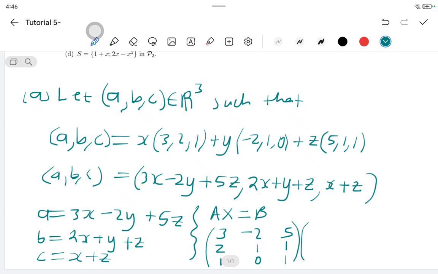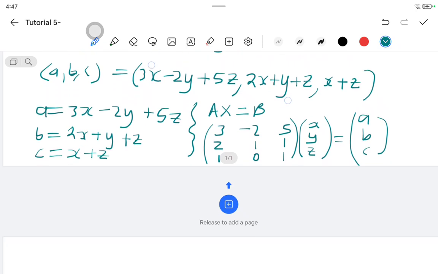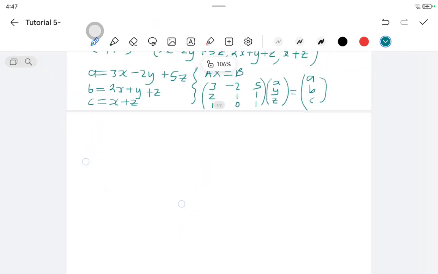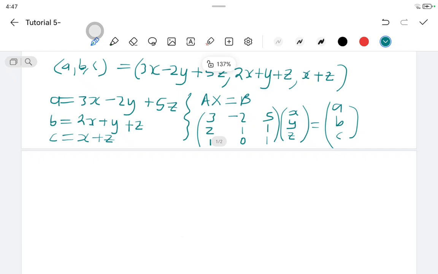Times our scalars, remember our scalars were x, y, z. So here I'm putting the scalars here, x, y, z. Which equals our equated vector, A, B, C. Then we say that we can check the determinant to see if this spans or not, right? And also to check if it's linearly independent or not.